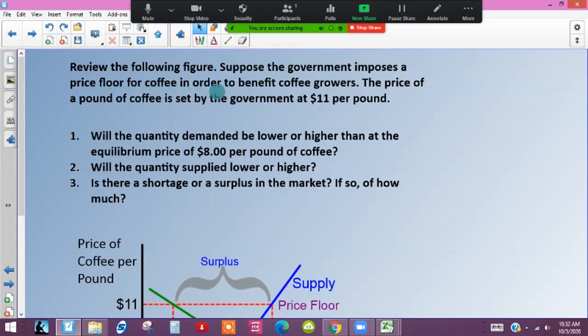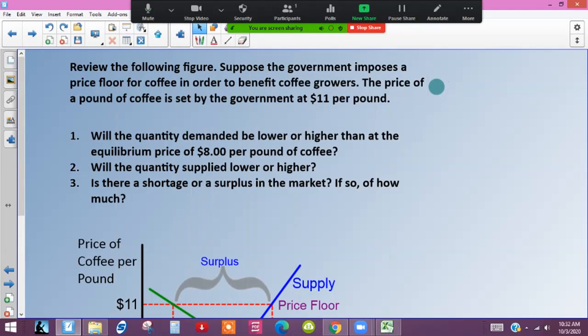The first thing we need to know is, for a price floor to be effective, it needs to be above the market equilibrium price. A price floor needs to be above market price, and a price ceiling needs to be below market price, for either of those to be effective.